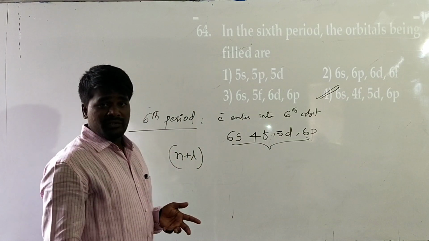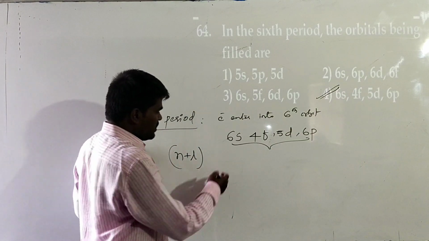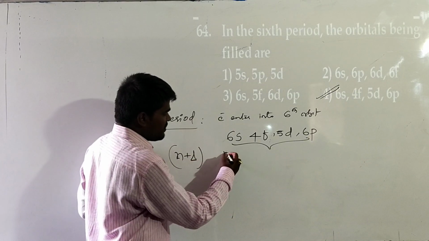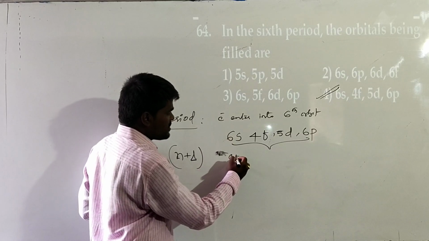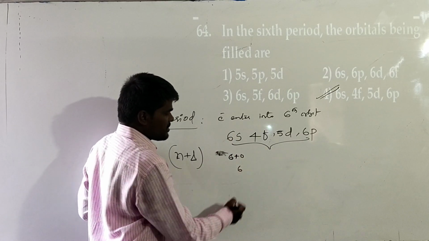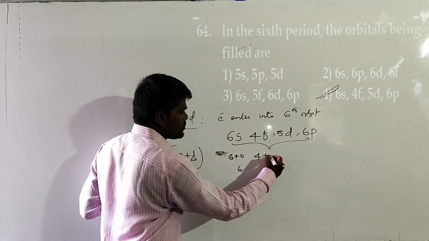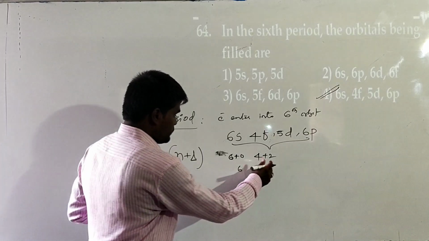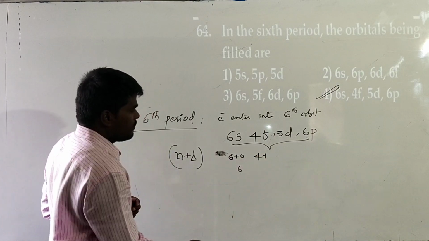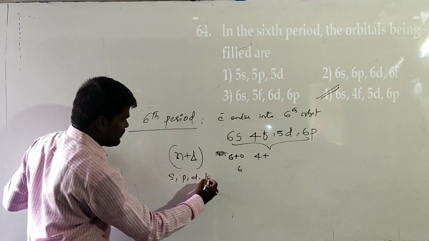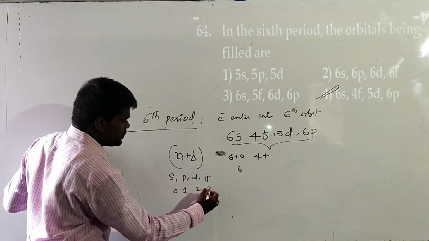I hope you know how to find out this n plus l value. This is the principal quantum number, this is azimuthal quantum number, right? What is the n plus l value of this one? 6 plus 0 will be, the l value of s orbital is 0, it will be 6, and 4 plus 3. What are the l values? It will be s, p, d, f: 0, 1, 2, 3.